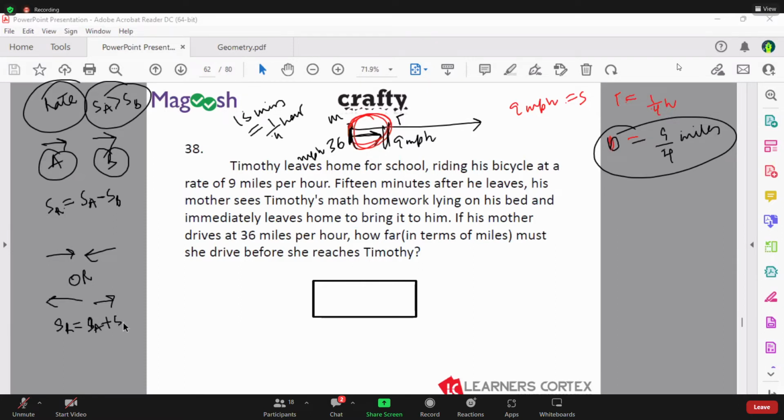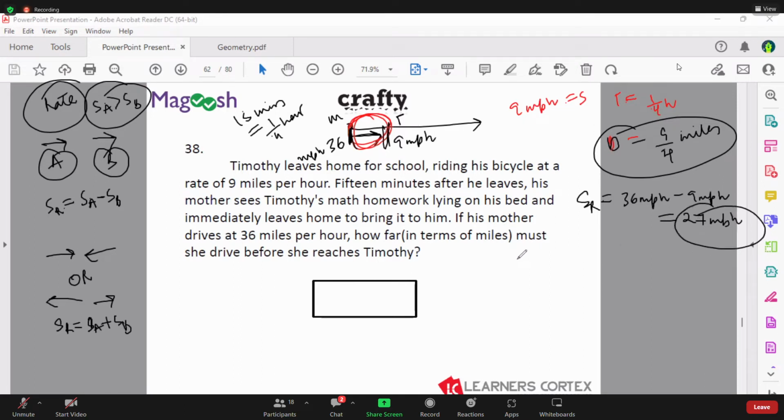Now, since mother is traveling in the same direction as Timothy, for the same 1 hour that she travels, Timothy is also traveling, right? So the resultant speed here becomes 36 miles per hour minus 9 miles per hour, which is 27 miles per hour. This is the speed by which this distance would be covered.